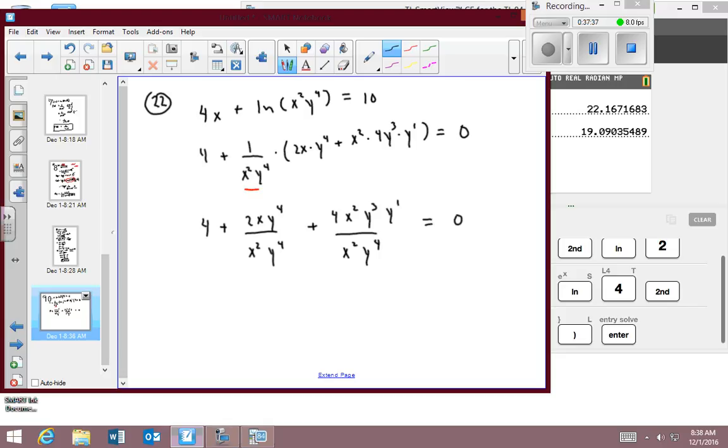I'm going to try to get y prime by itself, but I'm going to reduce this down. Those go away, and this makes this a 1. On this one, these go away, and that makes that a 1.